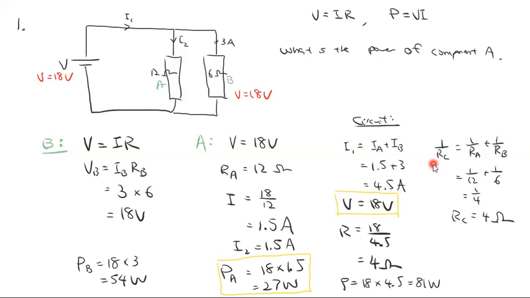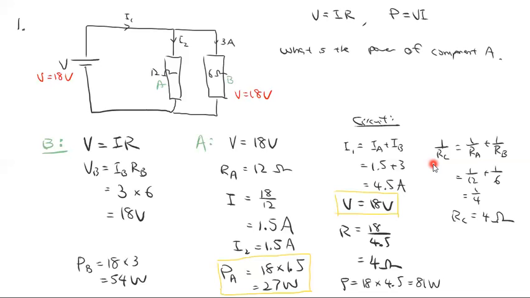They only ask you for V, P at A, I1 and I2. They didn't ask you to find P, I, and R for everything. I mean, we've done that, but they've only asked you to find the voltage of the battery, the current at I1, the current at I2, and the power of resistor A. I mean, we've done literally everything. Yeah. Right?